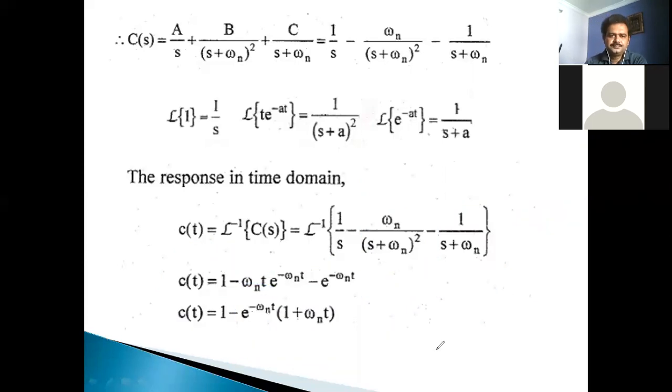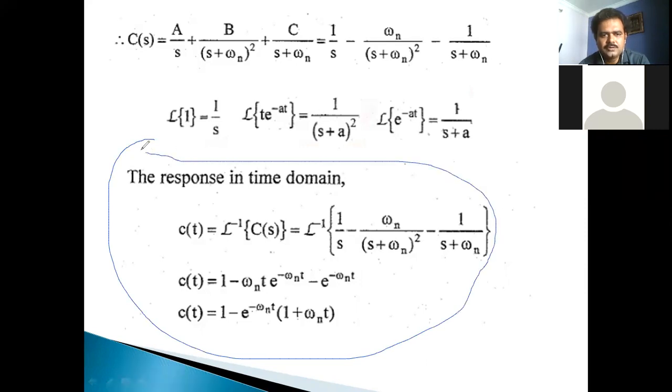Okay, note down this. Just note down this part, that itself is sufficient. Do the partial fractions on your own.